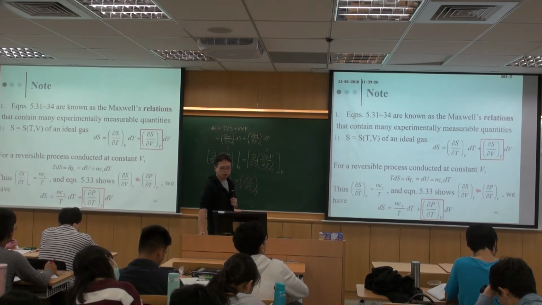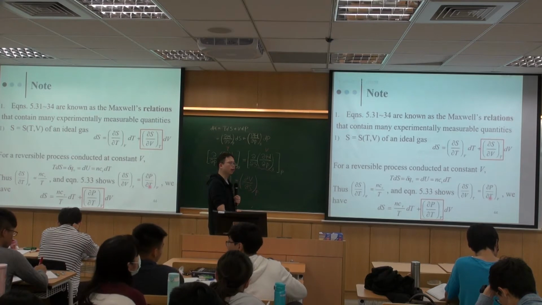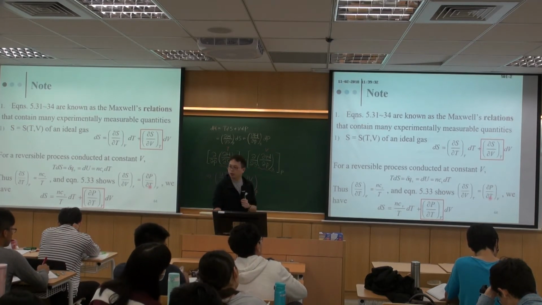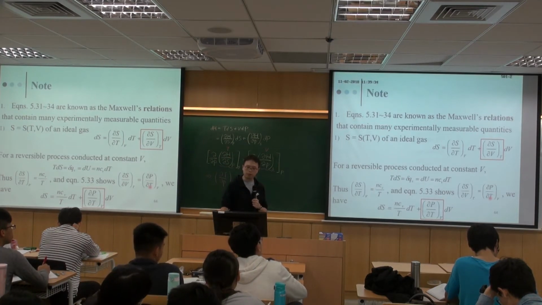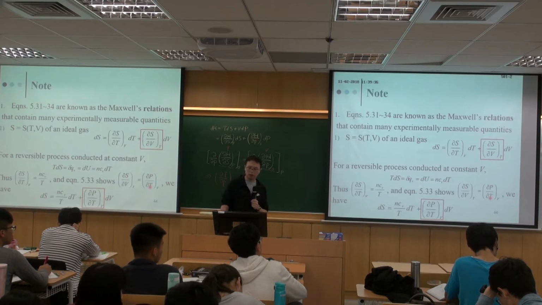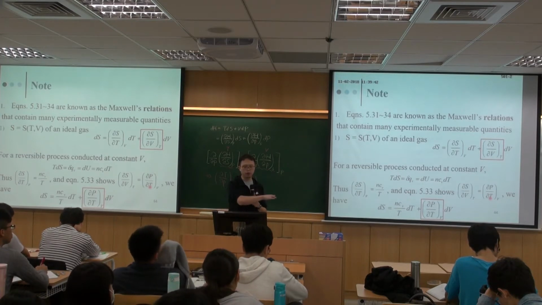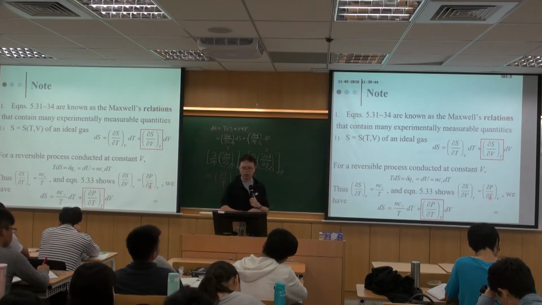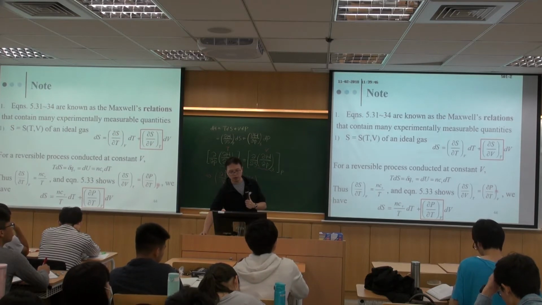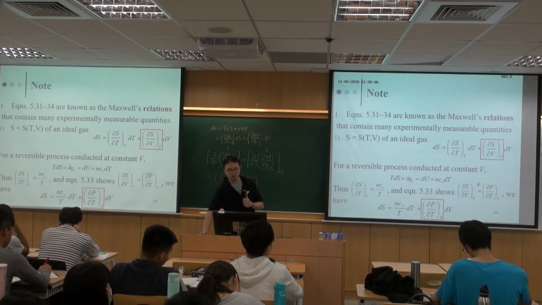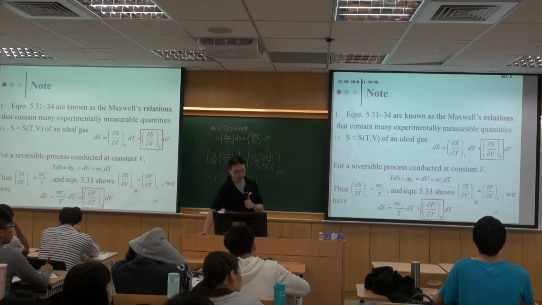We can deal with this because for an ideal gas, there's a certain relation between the pressure and the temperature, right? If you don't know the exact form of entropy as a function of volume, then using this mathematical trick will give you a much easier relation such that you can calculate.